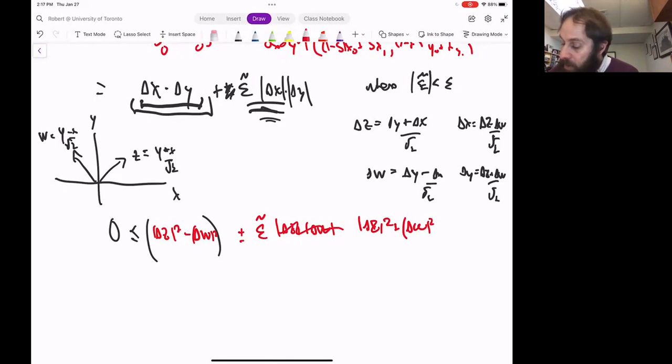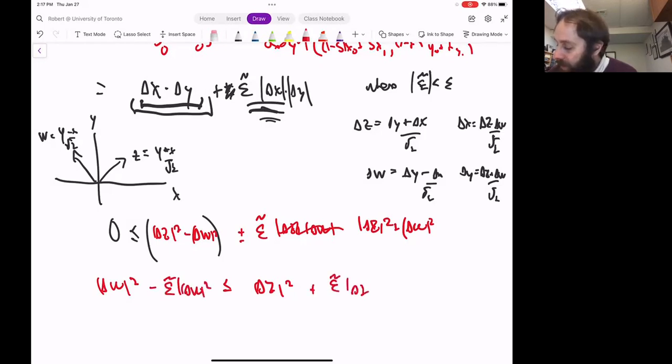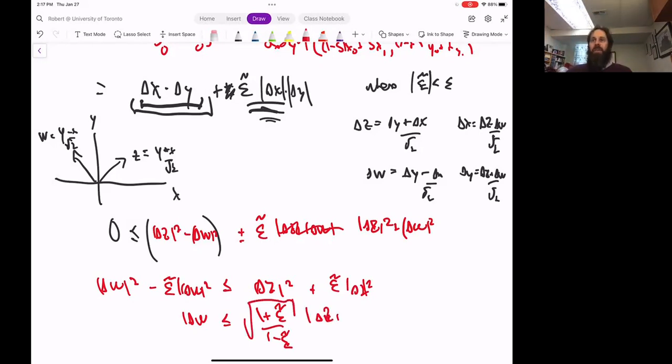And so somehow, at worst, I have approximately delta w squared is less than delta z squared, but to get this, I might have to subtract some part of delta w squared, and I might have to add some part of delta z squared. Great. And so this basically says that delta w is less than the square root of 1 plus epsilon tilde over 1 minus epsilon tilde, times delta z. And so I get Lipschitz again, but the Lipschitz constant is no longer 1, it's slightly worse than 1, depending on how big epsilon is.